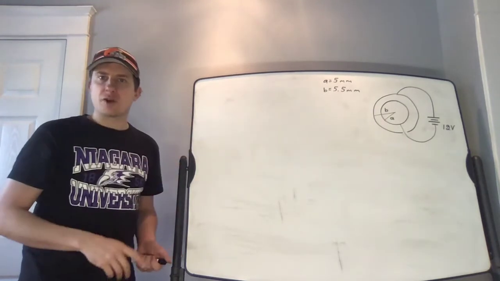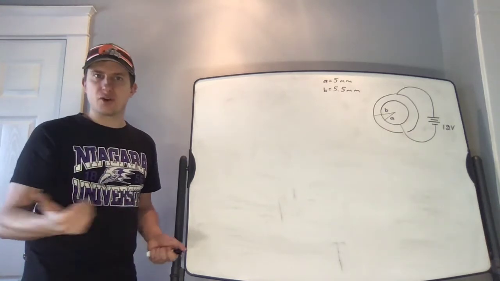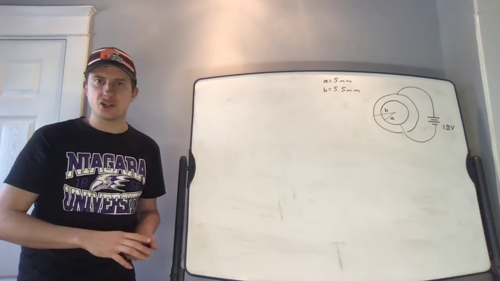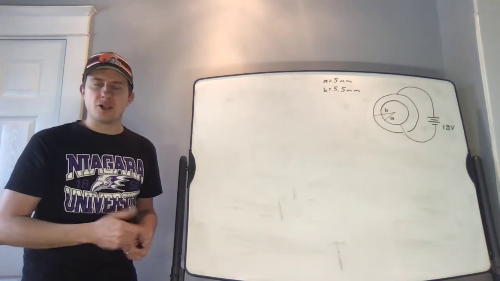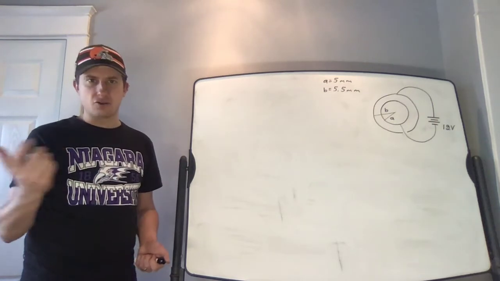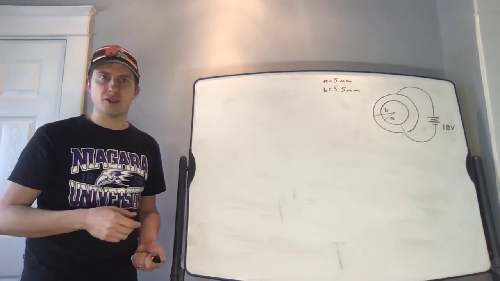Even though the picture as drawn is not a perfect spherical capacitor, it is a close enough approximation that we could treat it as such. In this particular problem, we're told that the inner sphere has a radius of 5 millimeters and the outer sphere has a radius of 5.5 millimeters.